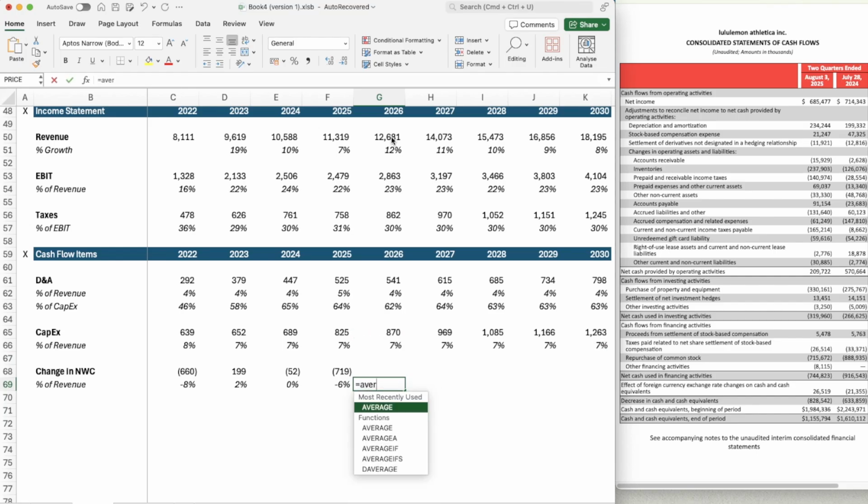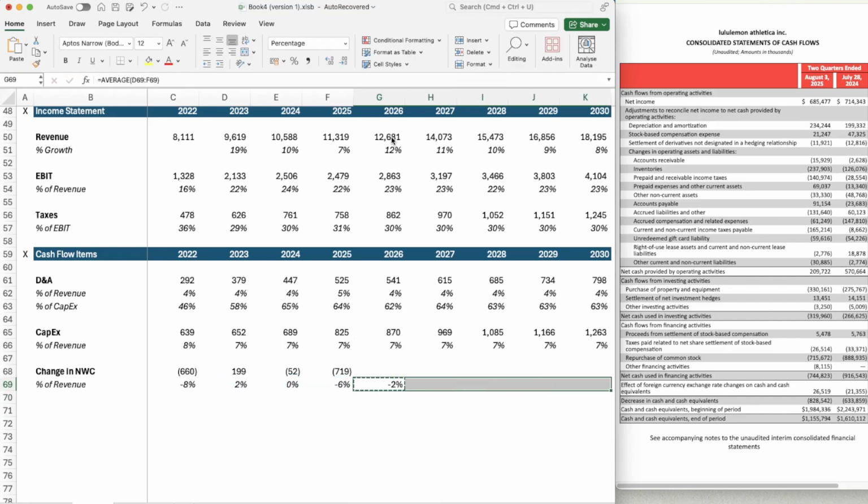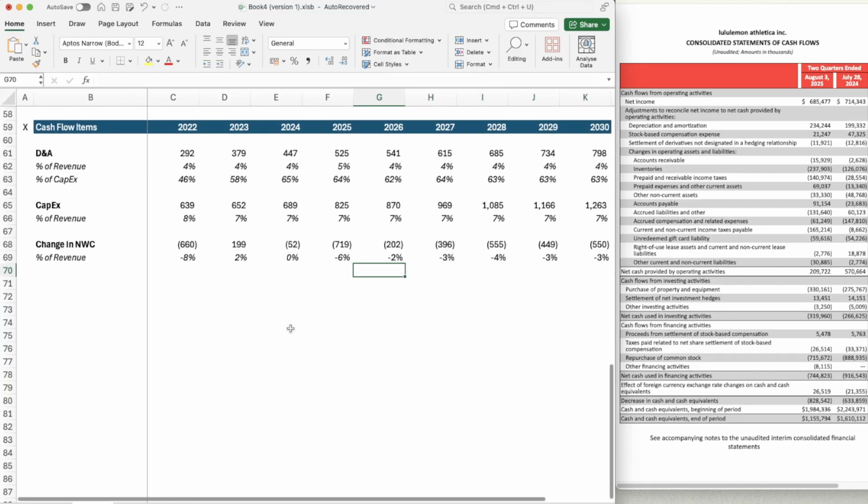And for this one, let's take an average. For change in net working capital, it's so much better when you have the full year results to be able to forecast out, because mid-year it's a bit messy. But it's looking good for free cash flow though, if it's negative.